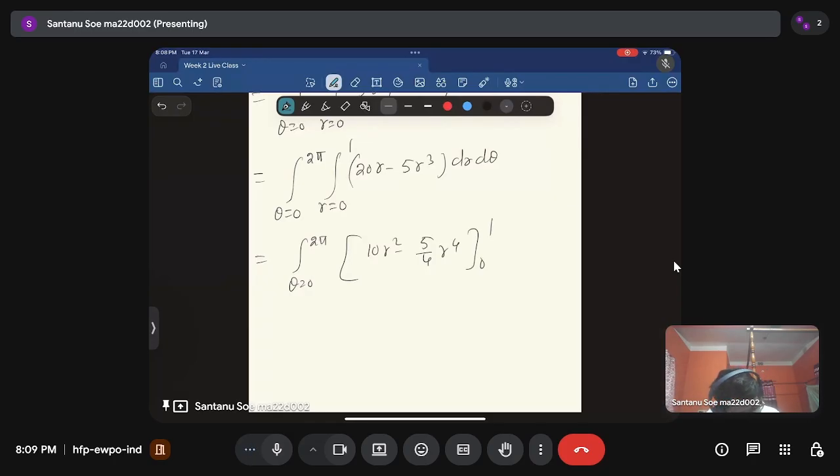Okay, so the paraboloid looks like this. z is 4 minus x square minus y square. If you put x and y as 0, then z will be 4. So this will be a downward paraboloid.